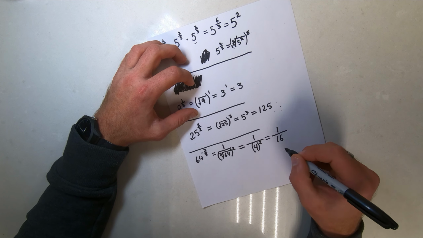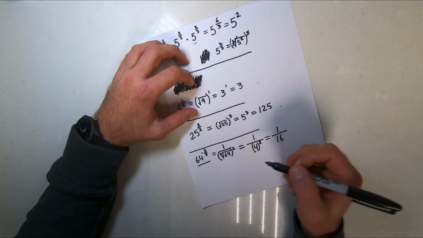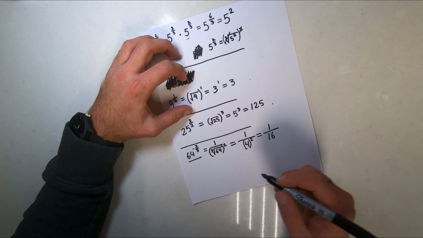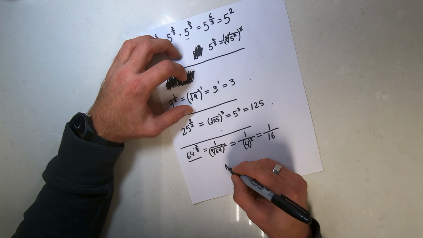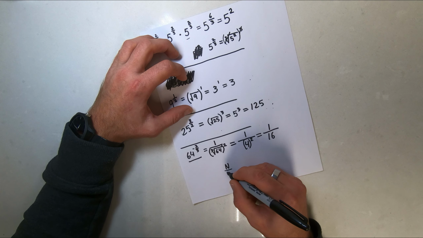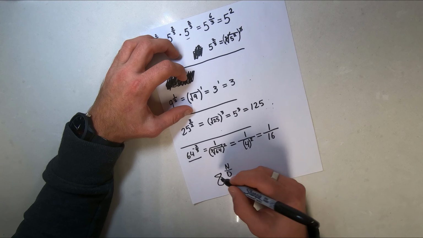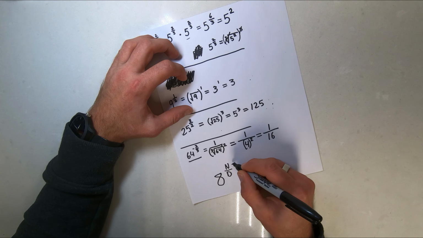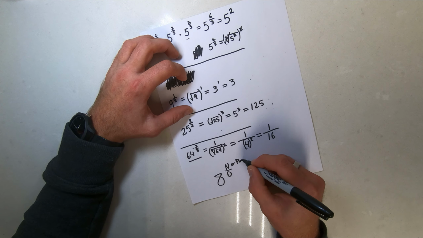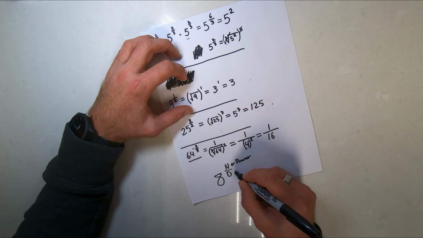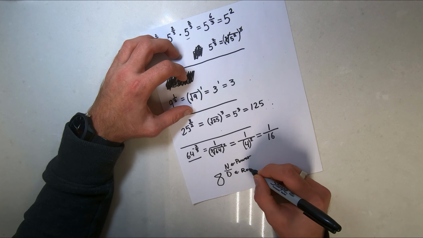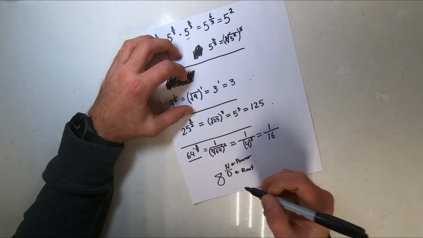This is the numerical value of this. So with all this, we know that the numerator of a fractional exponent means the power, and the denominator means the root of this number.